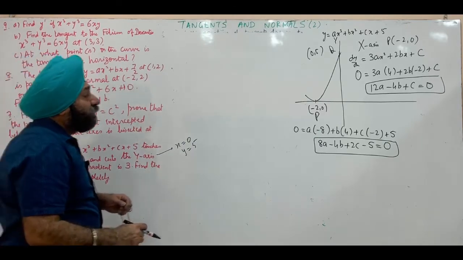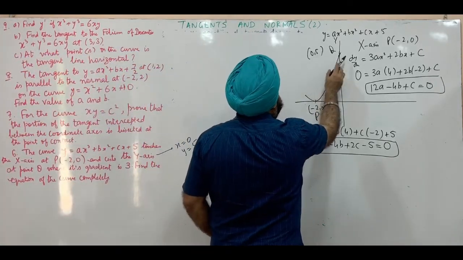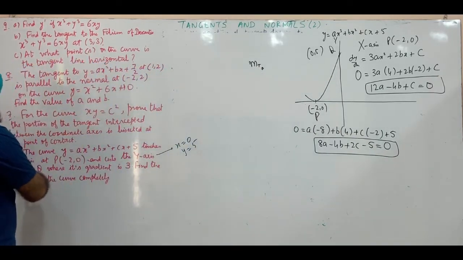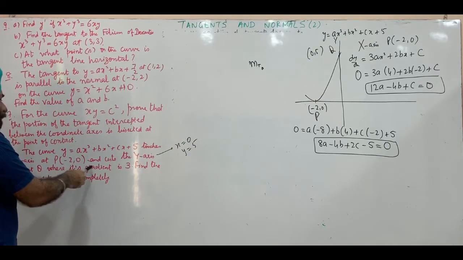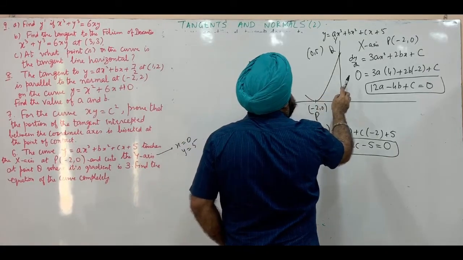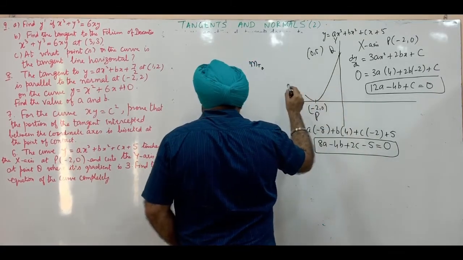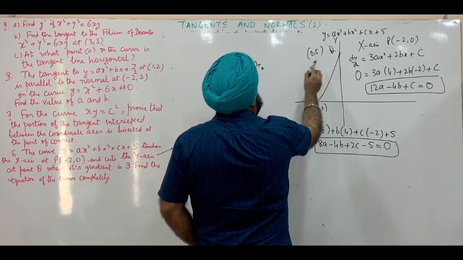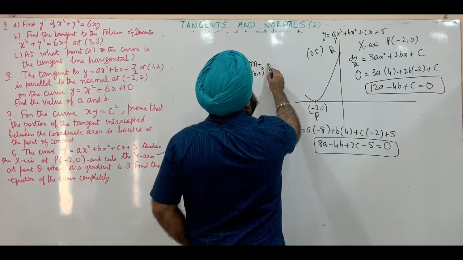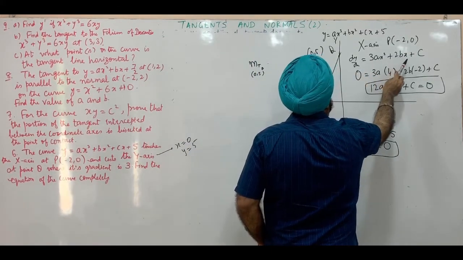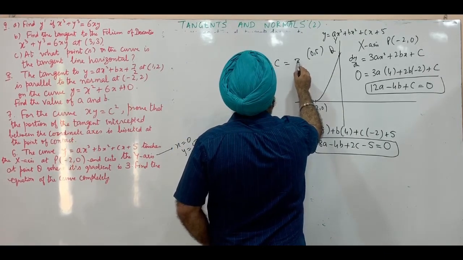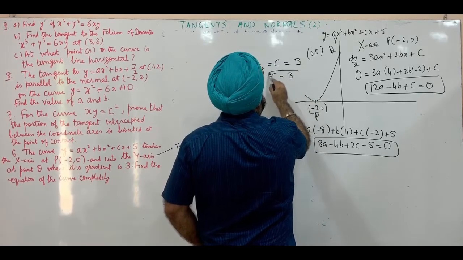Next, what about the slope of the tangent at point Q? We are given the slope of the tangent at Q is 3. Gradient is the same as slope. So this is dy by dx, and we substitute the coordinates of point Q, 0 comma 5. So this is 0, this is 0, and this is c, which is given equal to 3. So c is 3.